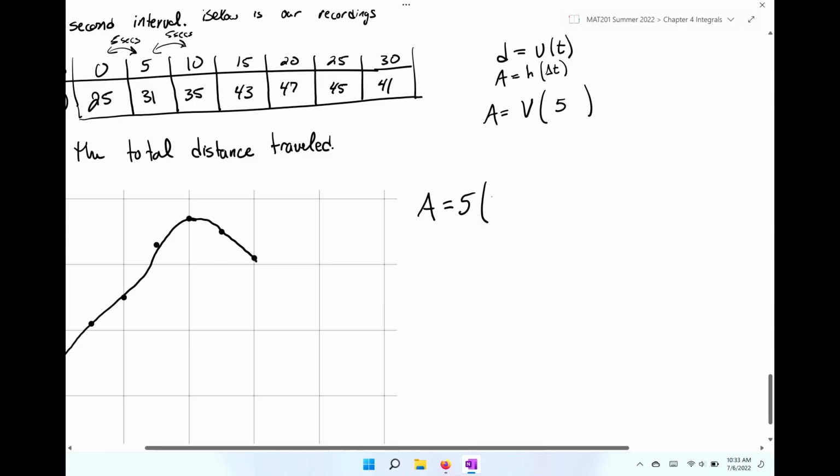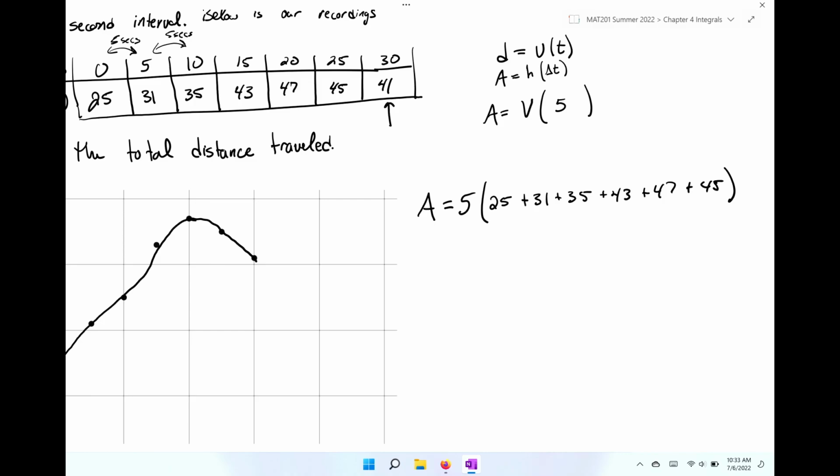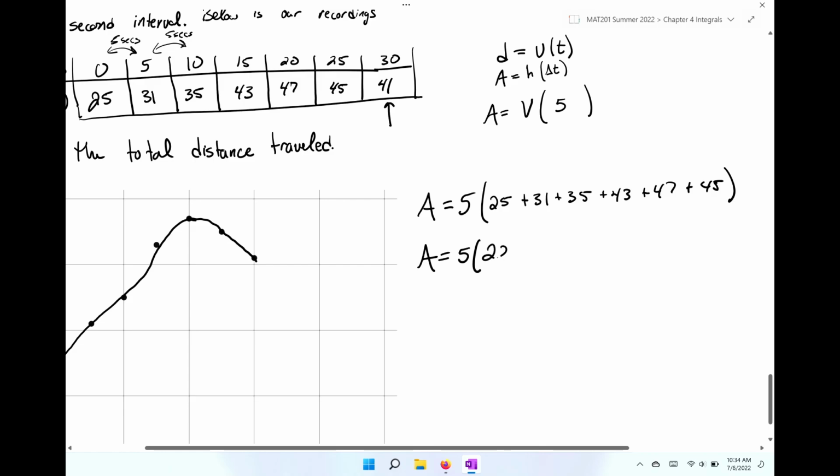So it's going to be 5 times 25 plus 31 plus 35 plus 43 plus 47 plus 45, because at the very end, at 30 seconds, you're traveling 41 feet per second. However, that's the end of the interval. All right. So all we're going to do here is just take our calculator. Sorry, give me 1 second here. I'm going to pause this and add this up. So we're going to get 5 times 226.